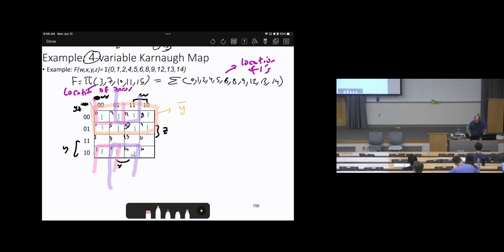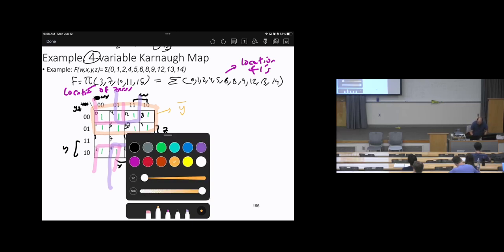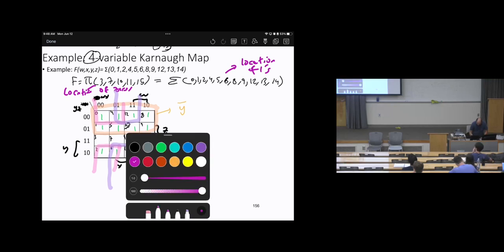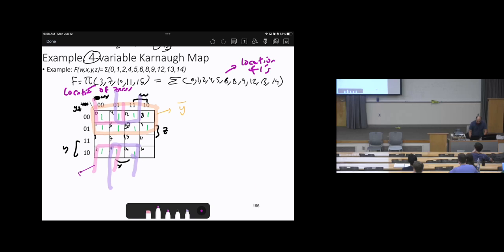How about the pink one? In pink, we include 4 blocks, associated with 2 variables. Let's look at the variable w.